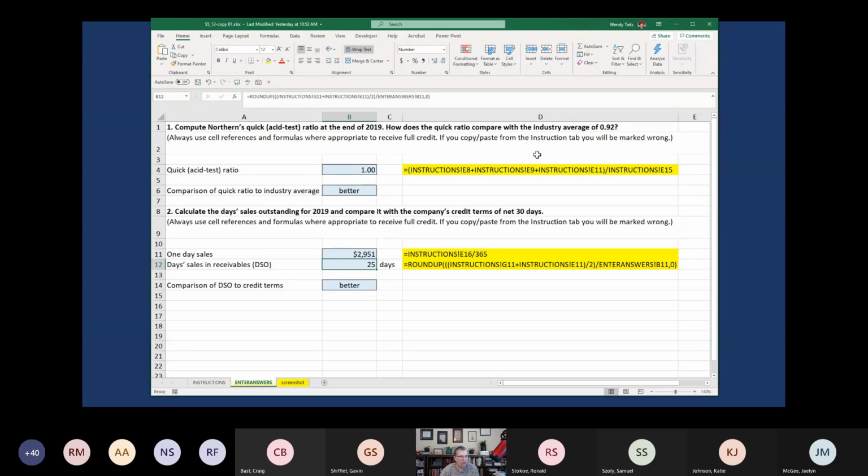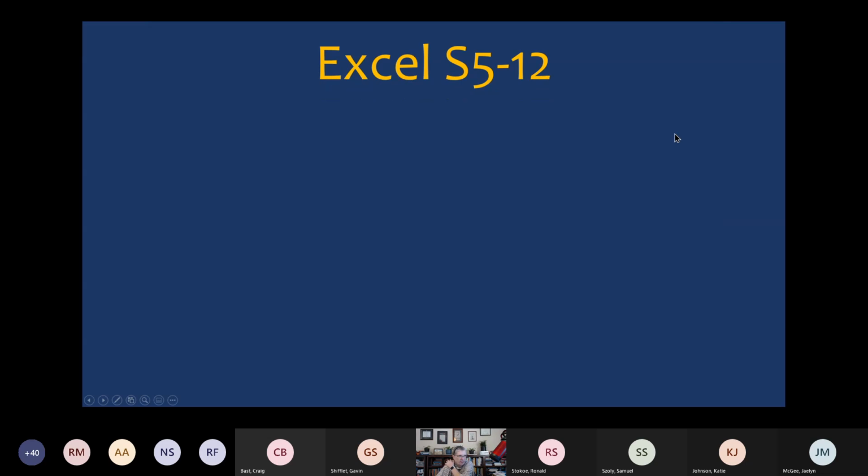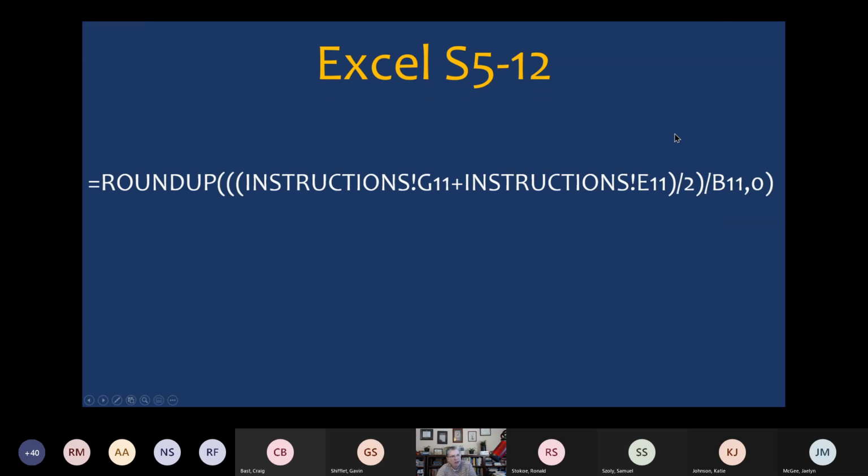Okay, so again, let me go to my slide here. Okay, so this is that formula. So that middle part there is doing last year's accounts receivable net plus this year's.